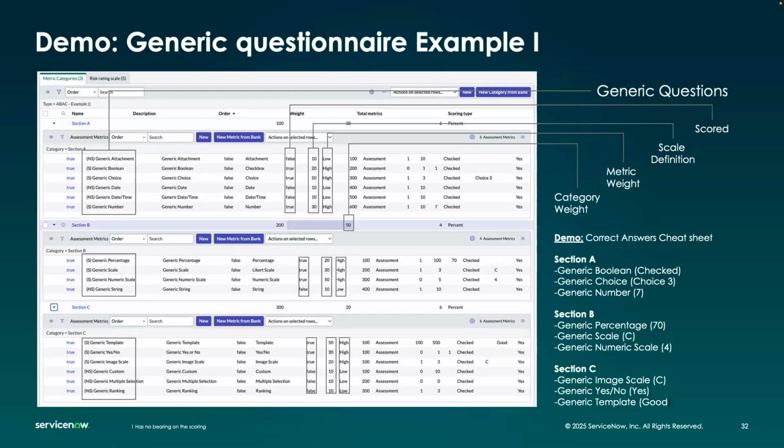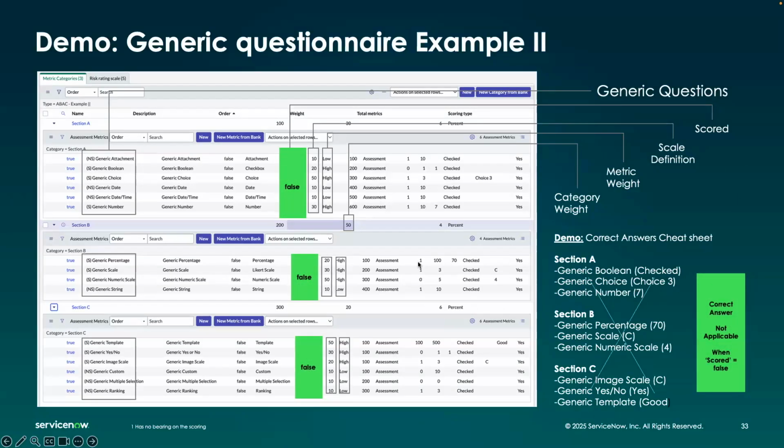Why is that important for us to understand? Because remember that if the scored attribute is set to true, the correct answer configuration yields the normalized value between 0 and 100 only. But we can configure this in another way, and we have a slide for that. So let's go to the next one.